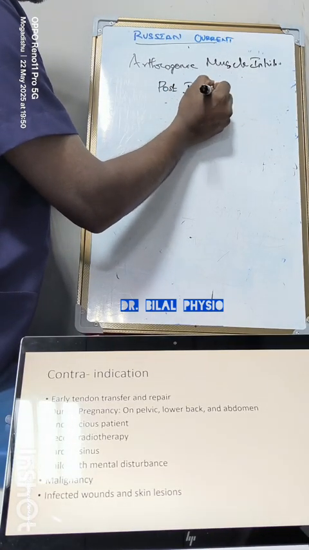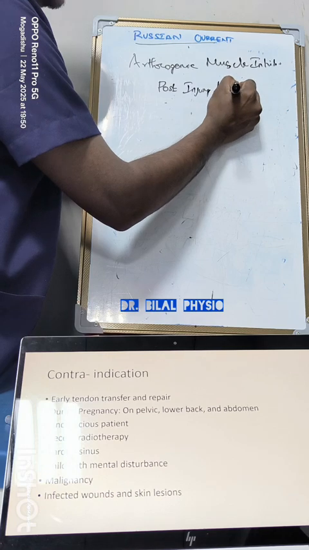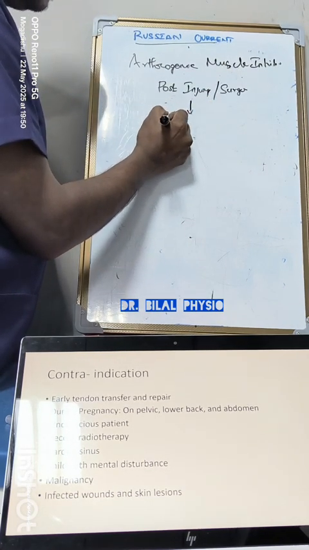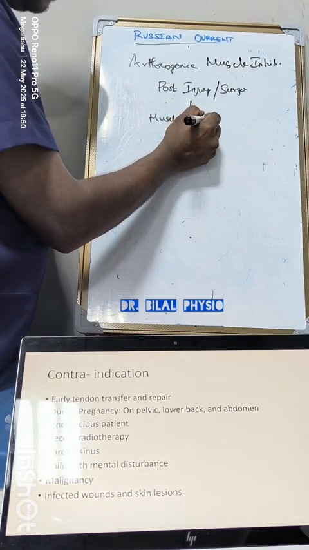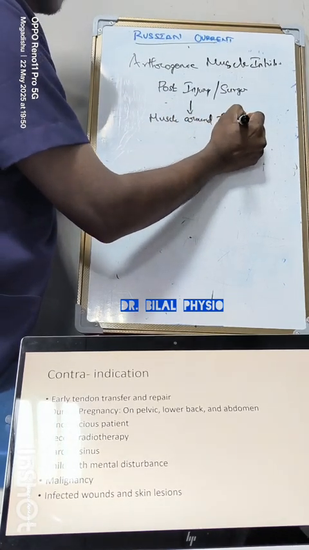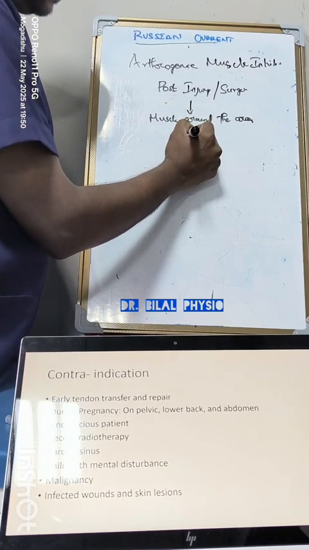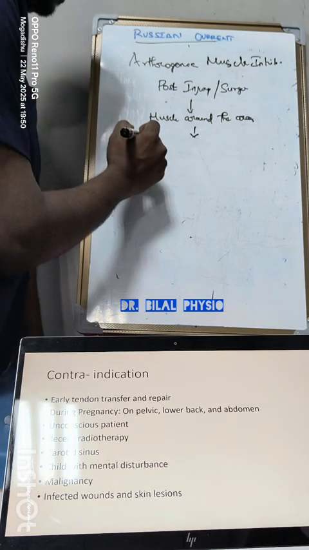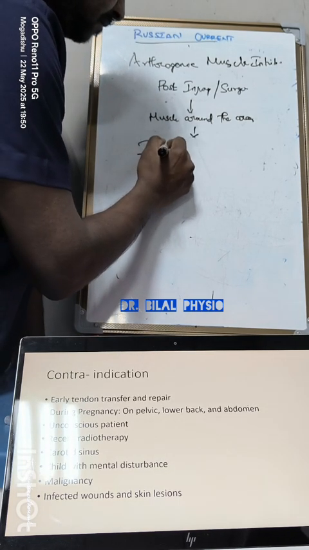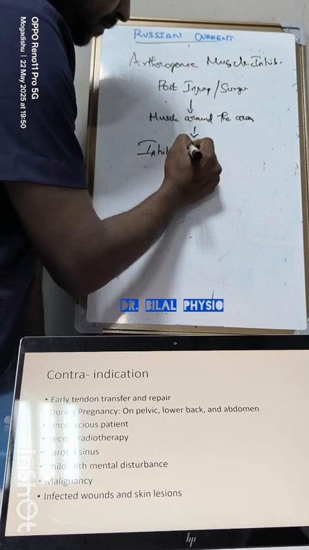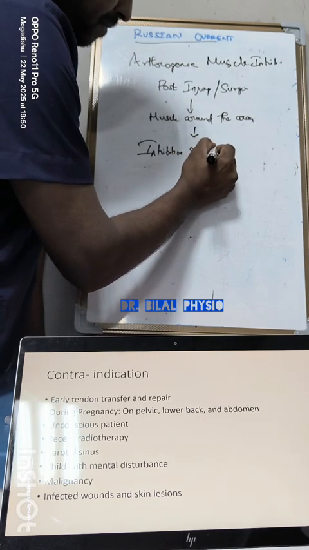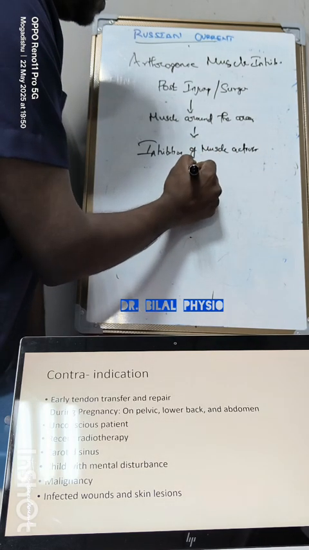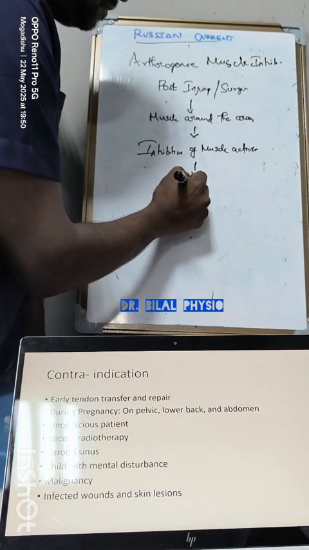Post-injury or surgery, the muscle around the area will have inhibition of muscle activity. This may cause muscle atrophy.